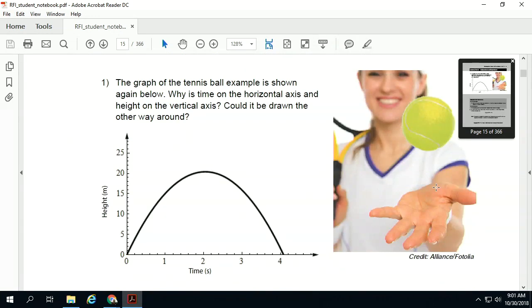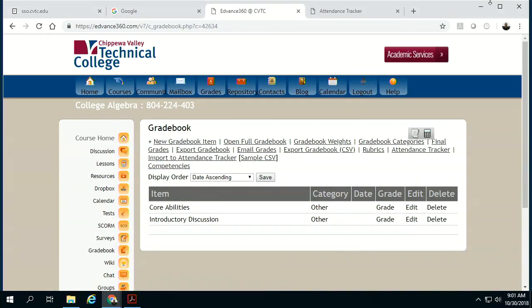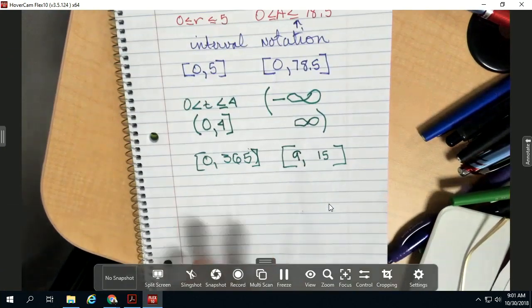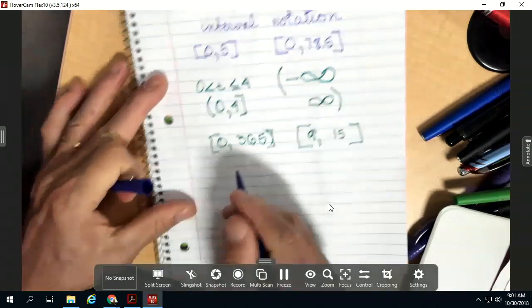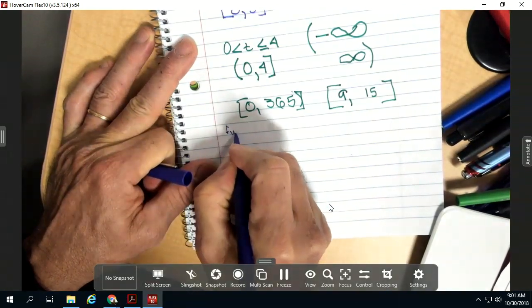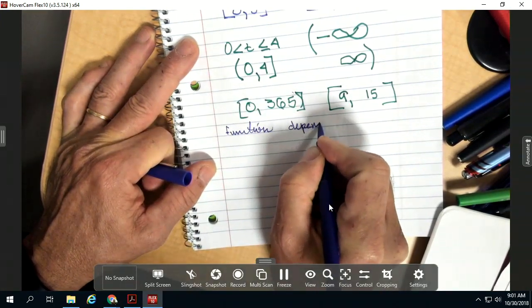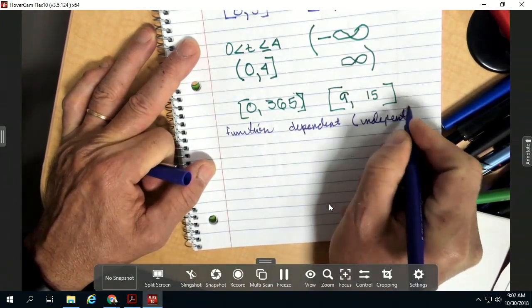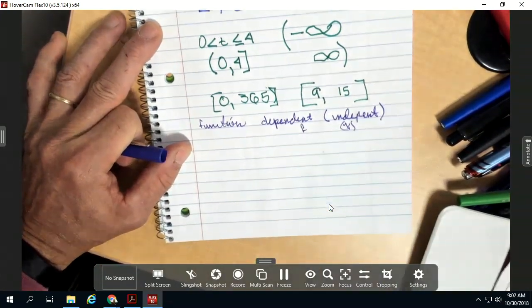And so, in your notes, since we're talking about independent and dependent, when you see the function, it will be dependent outside and then the independent on the inside of parentheses. So this would be the f and this would be of x.